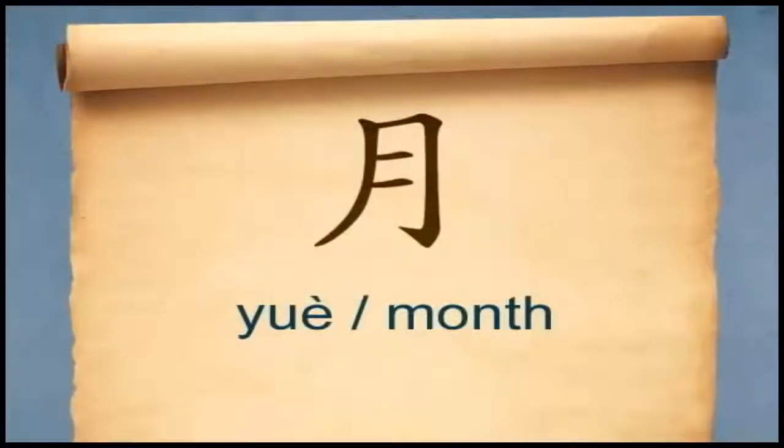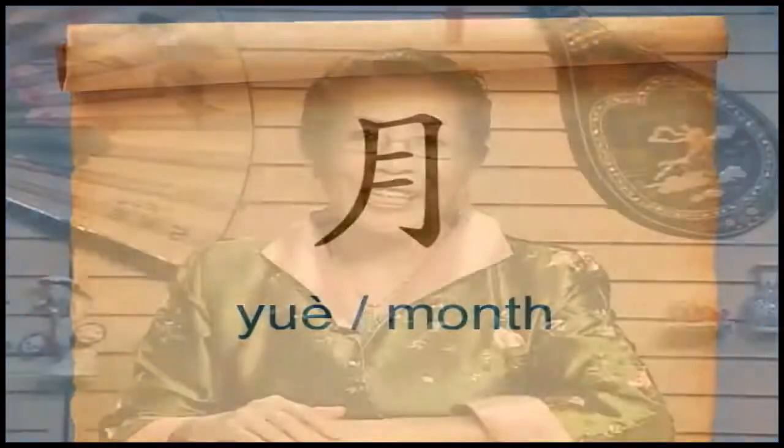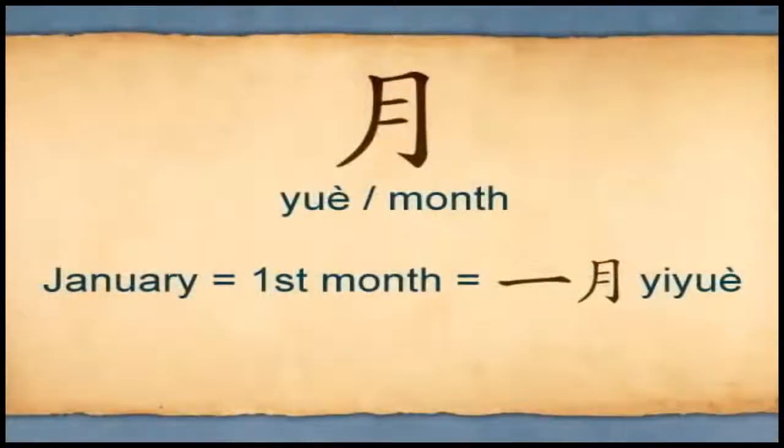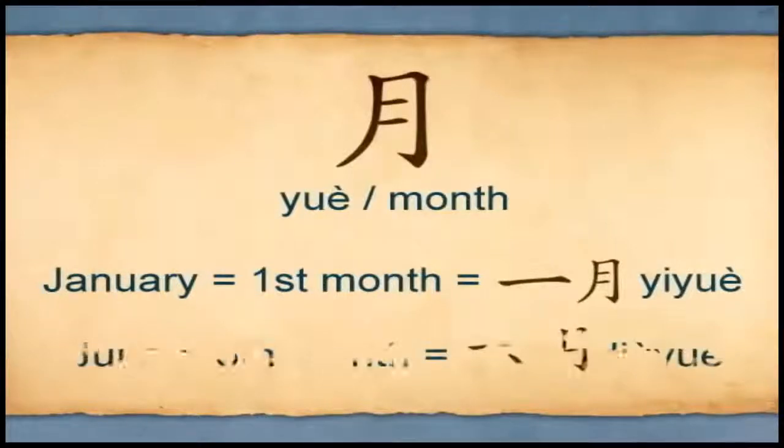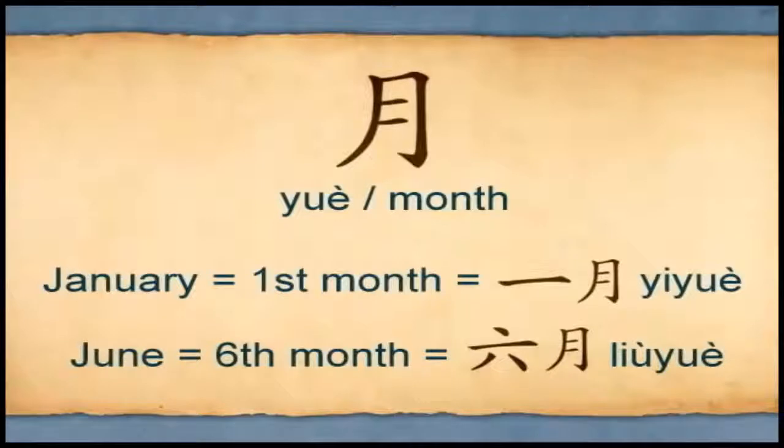What is the word for month in Chinese? 月 is correct. Say it with me. 月. Now then, how do you say January or the first month in Chinese? 一月. How would you say June or the sixth month? Yes, 六月 is correct. 很好, you've got it.